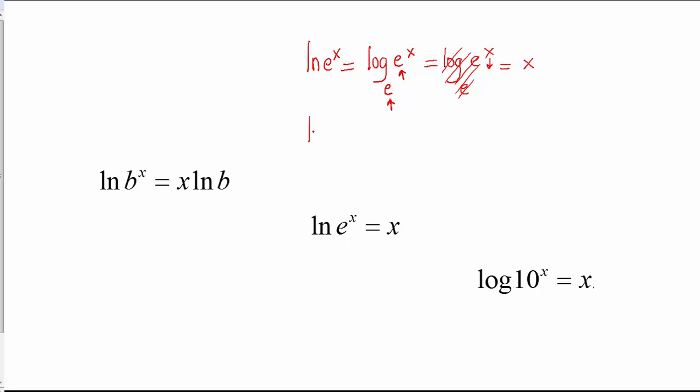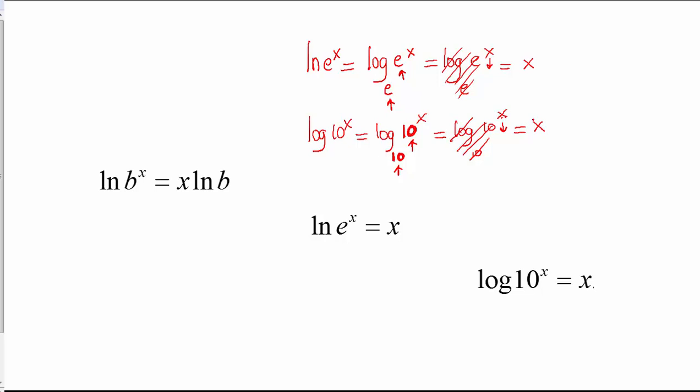And if you look at the other one, log of 10 to the x, this is log base 10 of 10 to the x. Notice here the base is 10, and so is this base over here. Because they're the same, they are matched, log base 10 and 10 to a power are inverse functions of each other that destroy each other, and x falls down. That's not just for those two, the base e and the base 10.